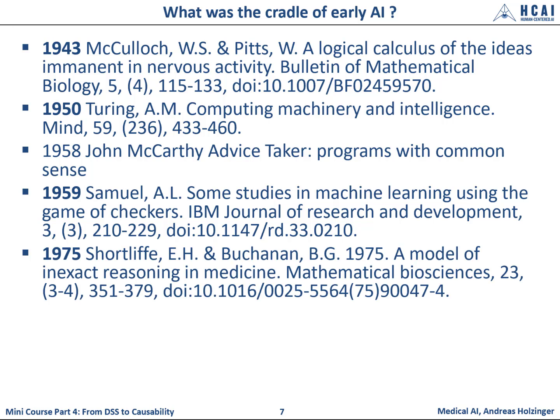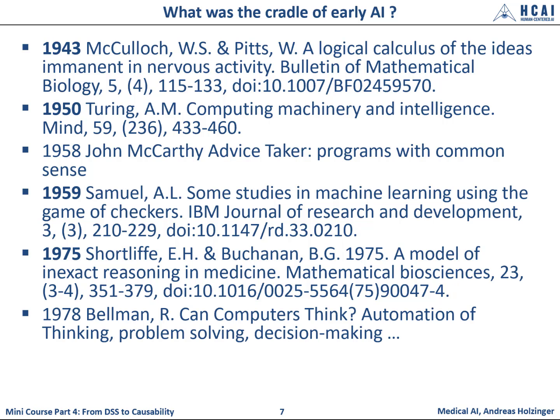In 1975, we have the high time of artificial intelligence. This is the famous model of inexact reasoning, the Mycin model, developed by Shortliffe and Buchanan, and this was really the high time of classical artificial intelligence.